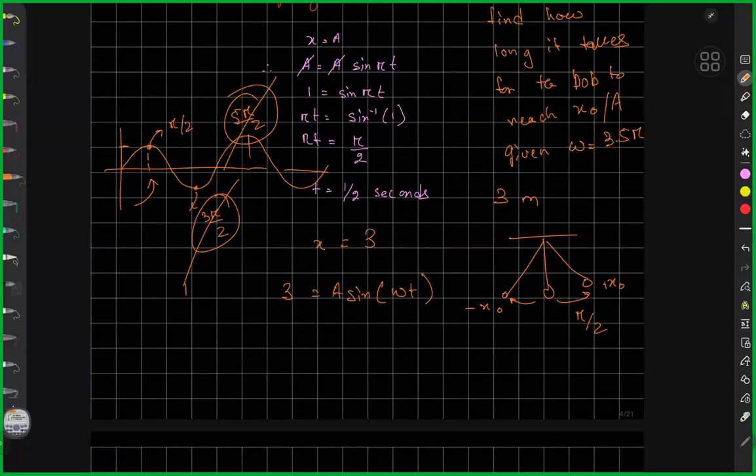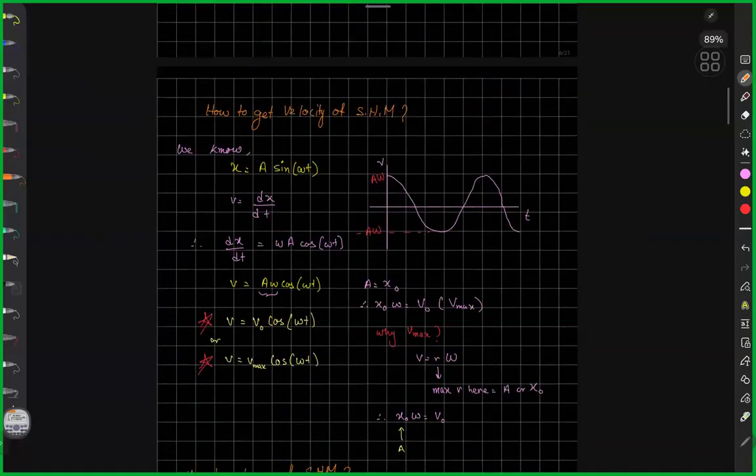You can't just work with omega equals del theta by del time, because you don't know the del theta. You don't know how long it would take to reach 3. You don't know if 3 is the maximum. So now you have to use this equation. Got it? Yes. Okay, perfect. Great. Get used to this equation.